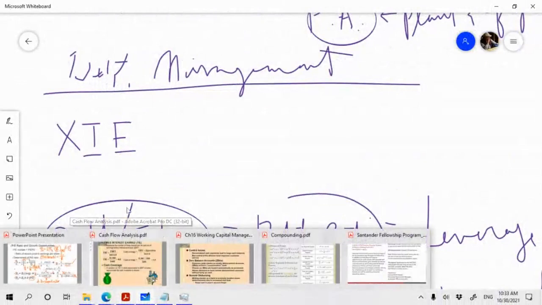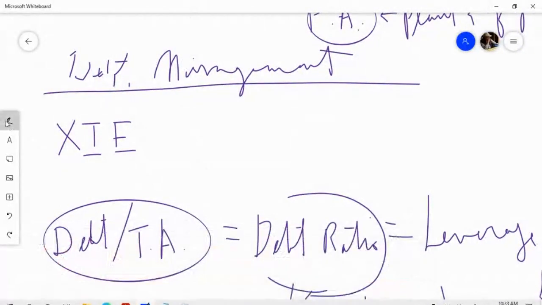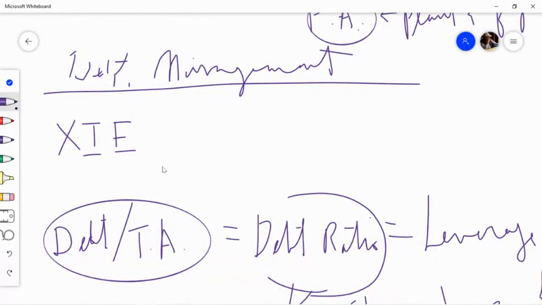But let's think about what times interest earned is. And the times interest earned ratio, and I use an X, you might wonder, why is it X? Shouldn't it be T? I told you, this is not X, this is times, literally.